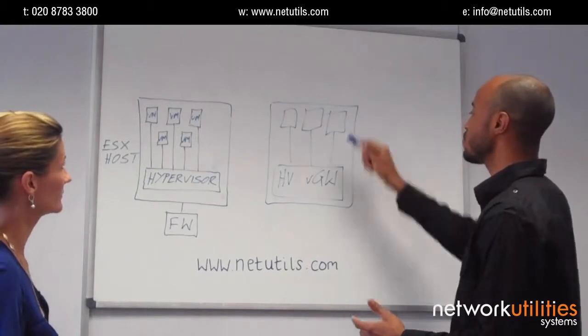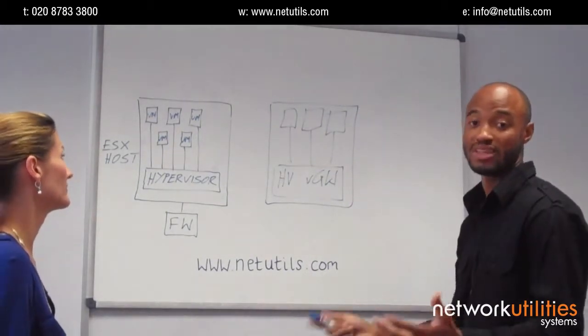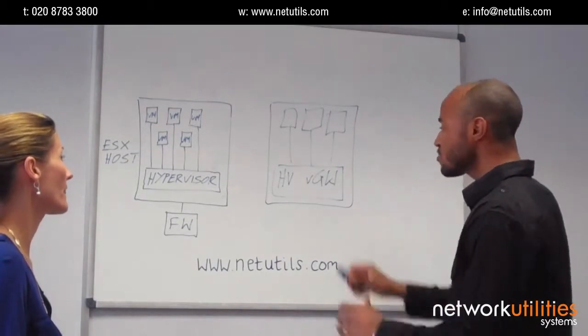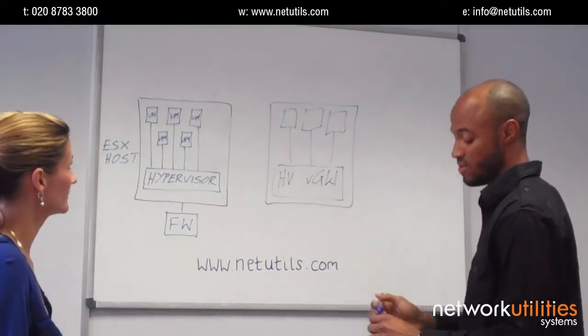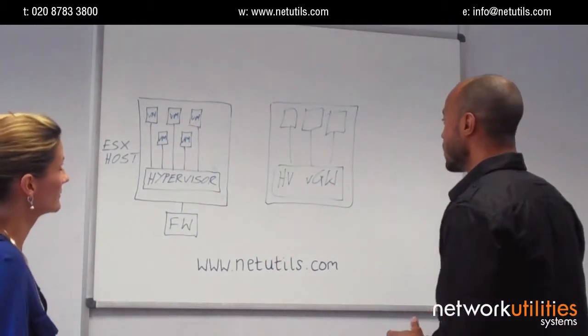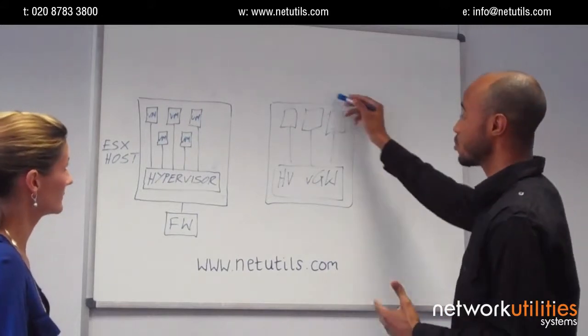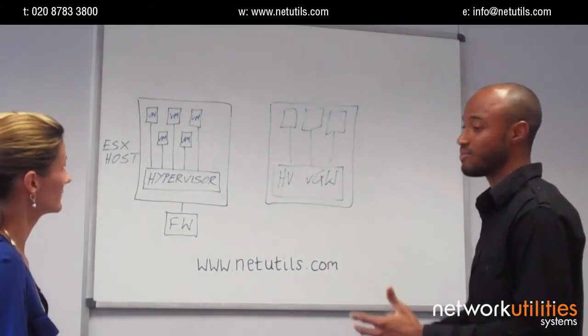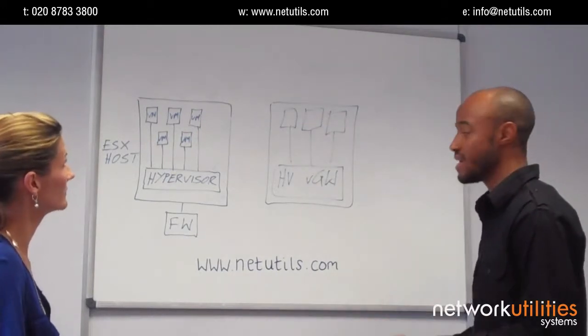So it allows you visibility of all the traffic that's coming from the VM, so into VM traffic. And once you get visibility of that, you can then start controlling that traffic with various types of policies. That can be done on a global level. It can be done on a group level, so grouping different VMs together and applying policy like that, or it can be done on an individual VM level.